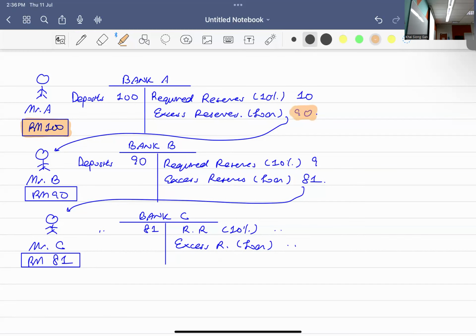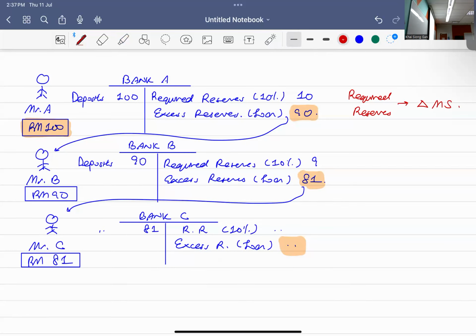You see 90 ringgit is loaned out here, 81 ringgit is loaned out here, and so on. So the amount of reserve that banks must keep will have an influence on the money supply itself.